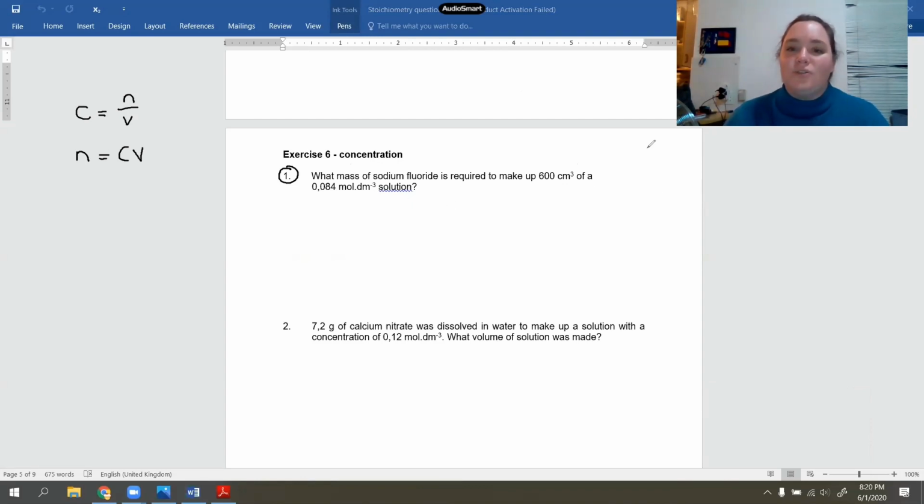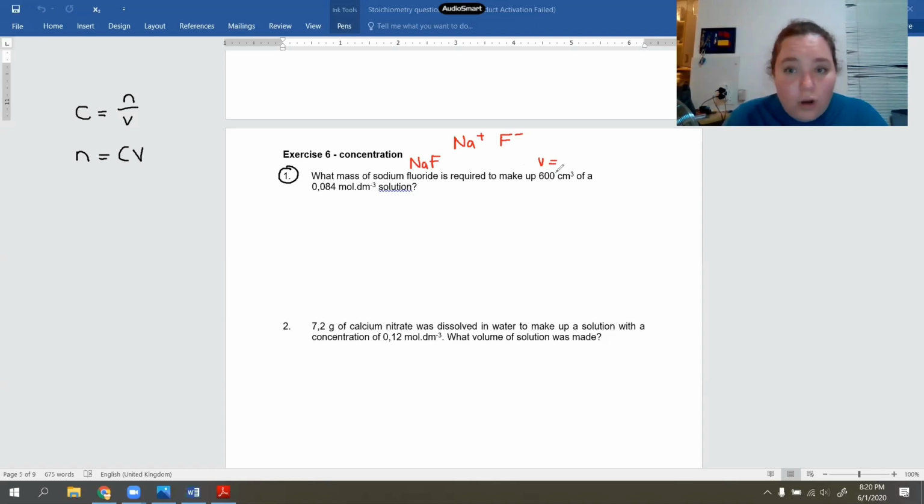All right. So the first thing I probably should do is write down what I know here. First of all, I know that I'm dealing with sodium fluoride, which means that the formula is NaF. Sodium is Na+, fluoride is F-, so it's NaF. The next thing that I know is the volume.